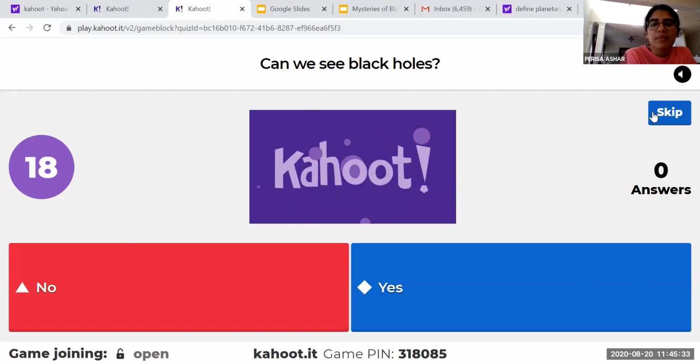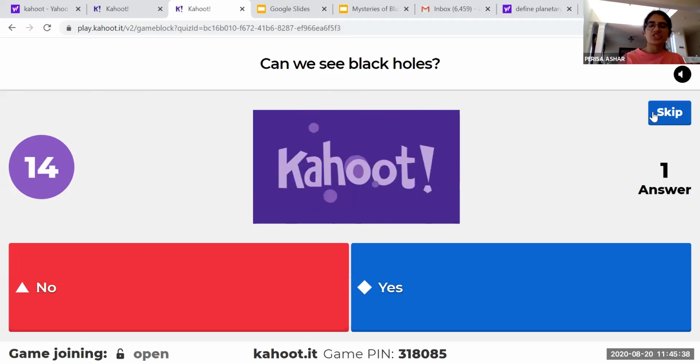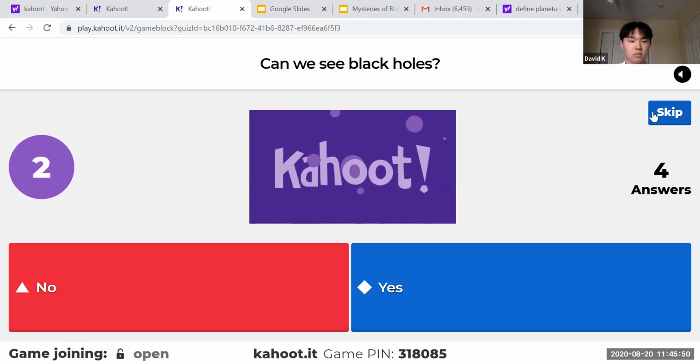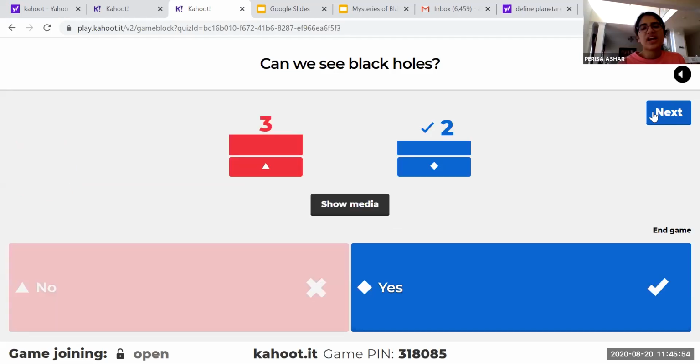So can we see black holes? This question, don't take it too in depth, because the answer can be both in essence. But the answer is yes, we can now see black holes, right?